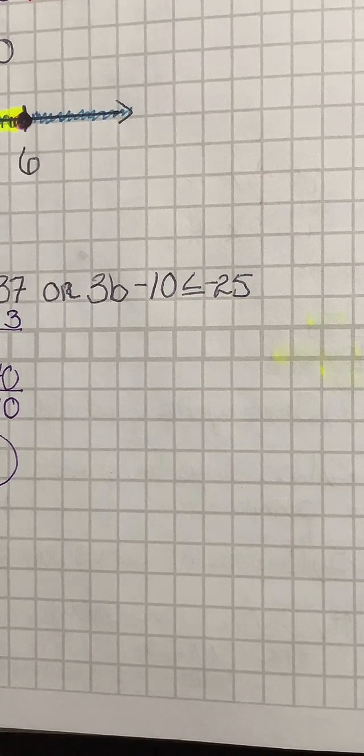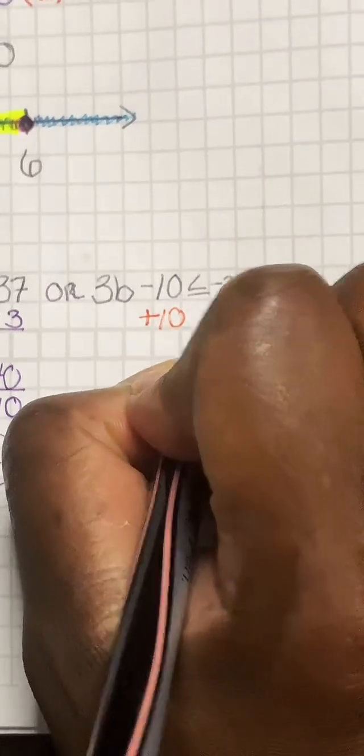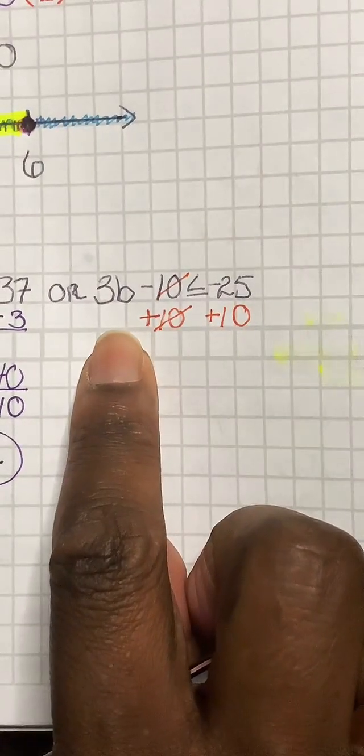Okay, Nicole says add 10. Kimberly says subtract 25 or the minus 25. Okay, Reed. Hello, Reed. Add 10. Okay, Boots. Yes, and Ephraim. Add 10. Good. So we're adding 10 to both sides because we want to isolate the B.